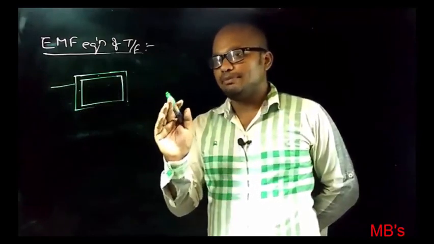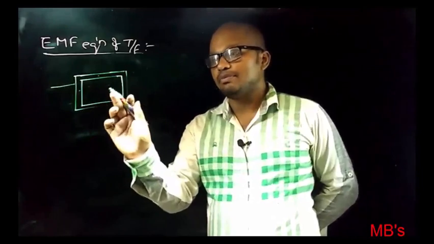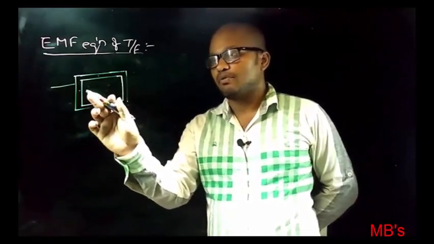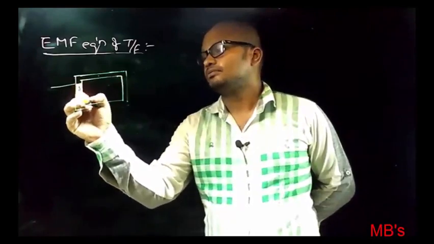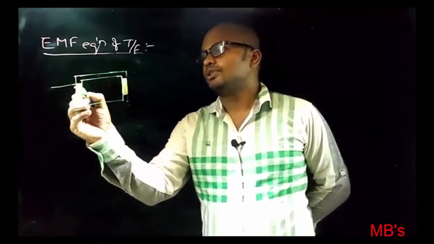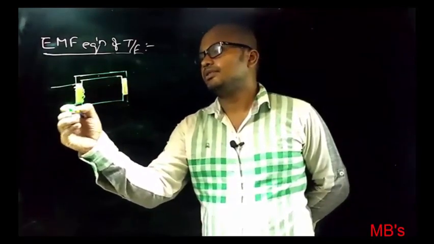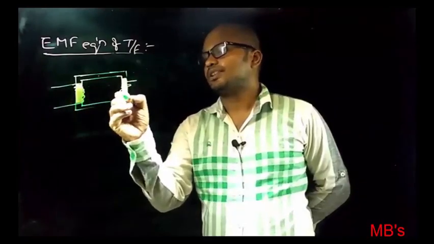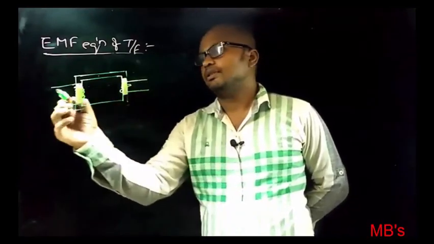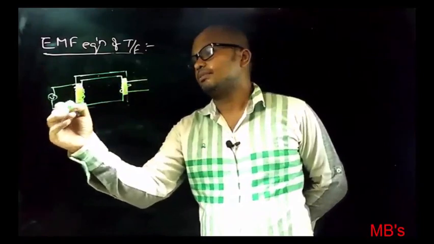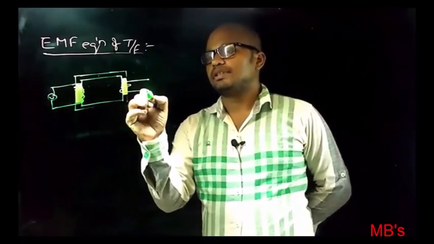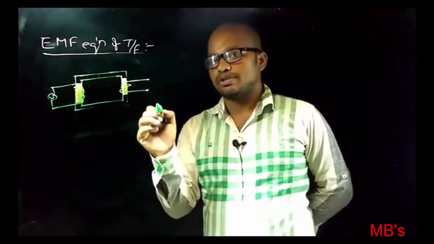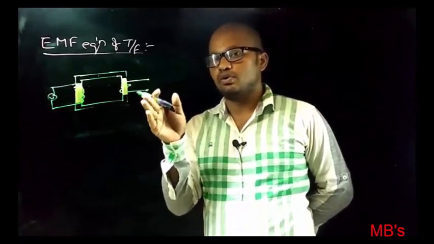But please keep in mind that there will be insulation present between the transformer winding and transformer core. Let the insulation be this one, on which the transformer primary winding and transformer secondary winding are wound like this, and this is the input supply given to the primary winding, and let us suppose the secondary winding is left open circuited, that is under no load.